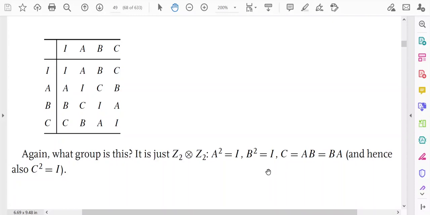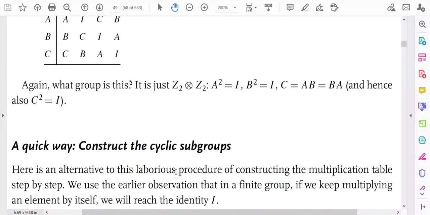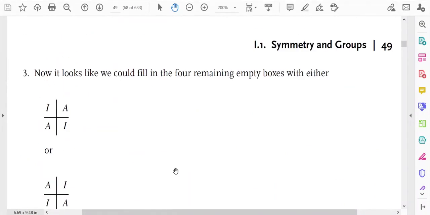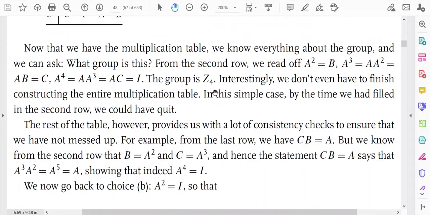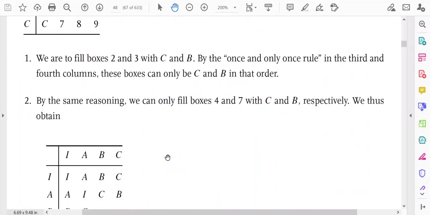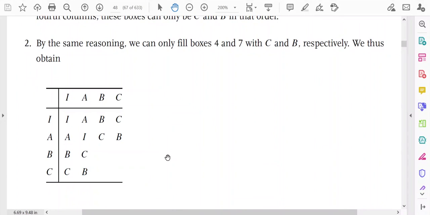So we have constructed the Z2 into Z2 group, and before that, in the first part, we constructed the Z4 group. So in this way we can construct the multiplication table.